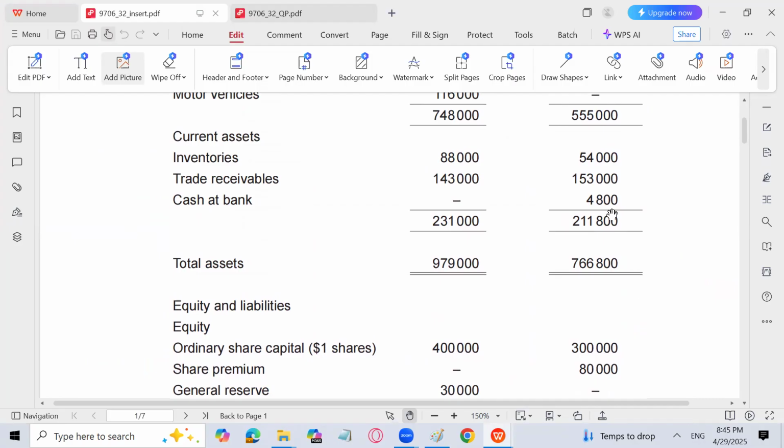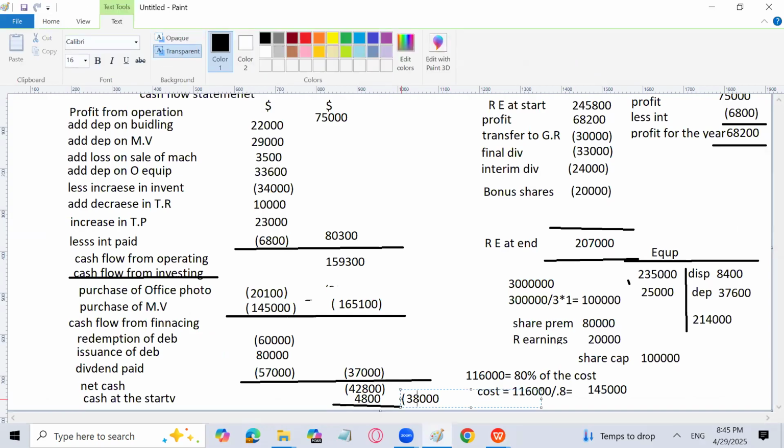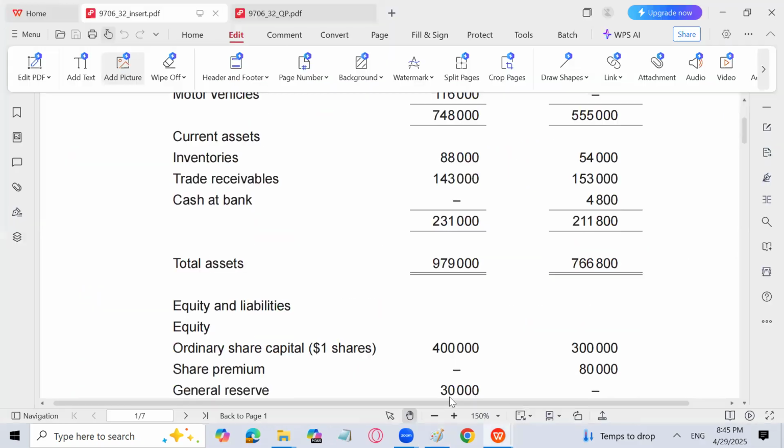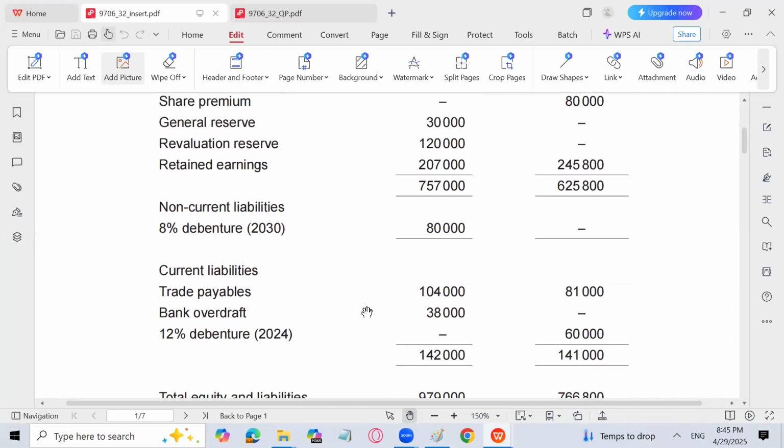During the year we have an outflow of 42,800. Add cash at the start, which will decrease our overdraft to 38,000. So the cash and cash equivalent at the end is negative 38,000, or a bank overdraft, which is clearly shown in the balance sheet, so our answer is correct. And there it is, 38,000 bank overdraft.